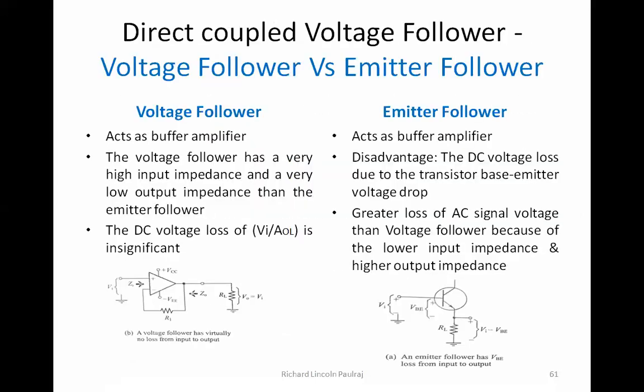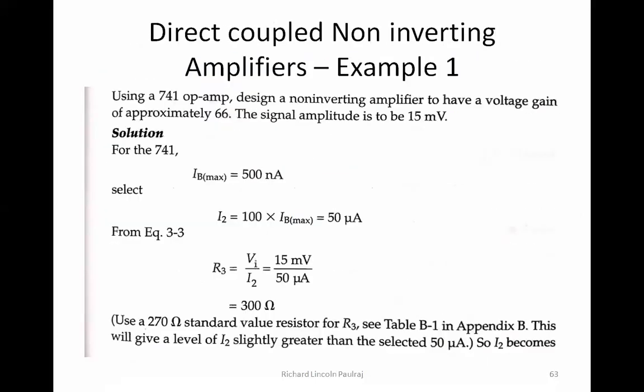Okay. So getting back to the problem, we have seen that the input bias current is 500 nanoamps. So now we have to select I2. I2 is the previously which was towards the output side. So we will make this I2. Now remember, I told you I2 is much larger than IB max, right? So we will take it 100 times the value of IB max. So when I multiply, students, again, I need your help. Please verify if these values are right.